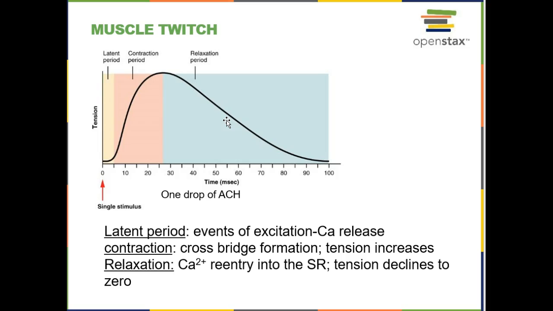So this would be, again, if you could just do one little dropper of acetylcholine. Generally in the lab, it is just one zap of just enough electricity to depolarize a muscle cell the same way acetylcholine would.